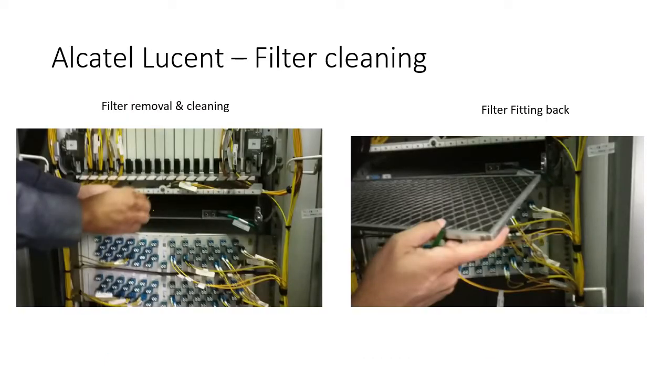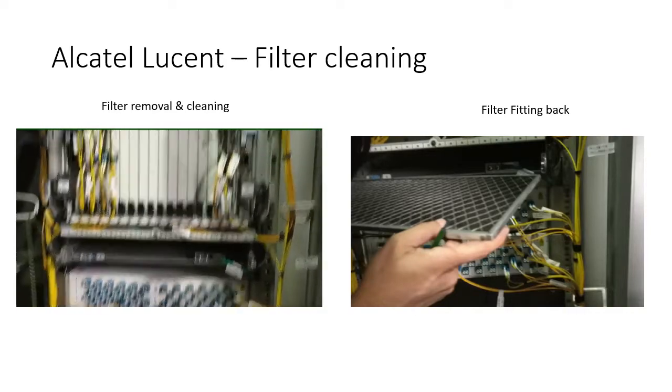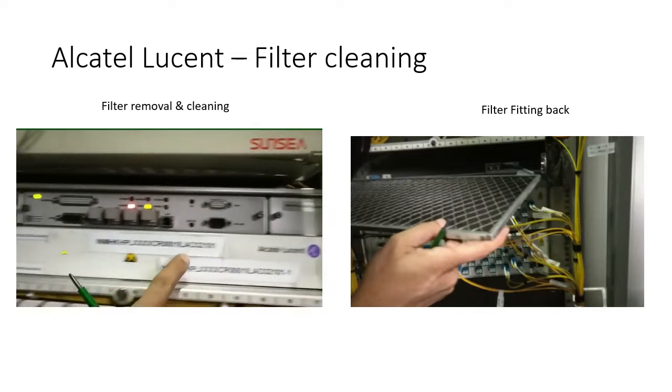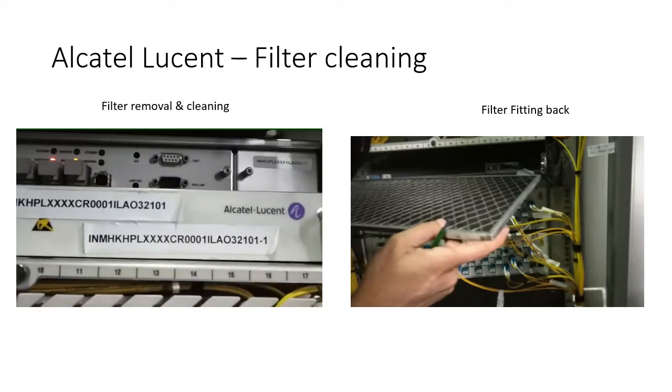In this slide, we will see the video clip of filter removal and cleaning of Alcatel Lucent equipment. This removal of filter is being done by the trained field staff of the electronics teams.